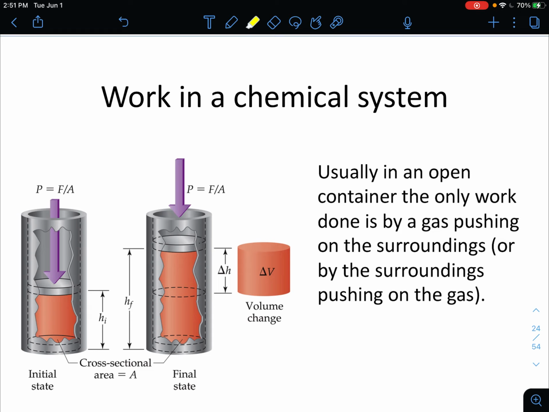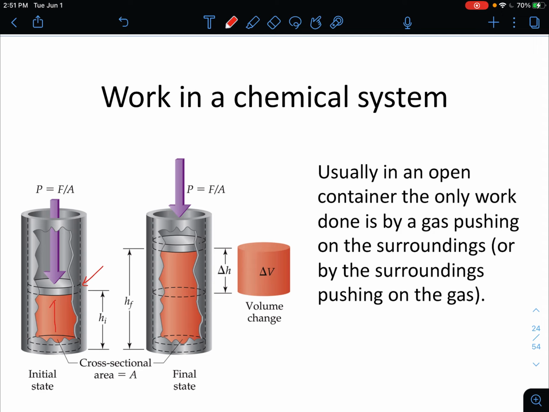What does mechanical work look like in a chemical system? The best example for that is a container with a movable piston, typically a gas sample in a cylinder like you see here. This piston is able to be moved depending on what pressure exists on the outside and what pressure exists on the inside.